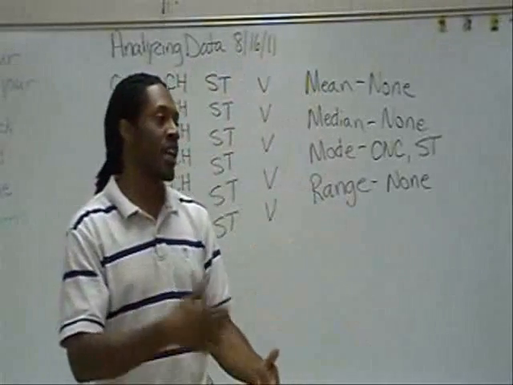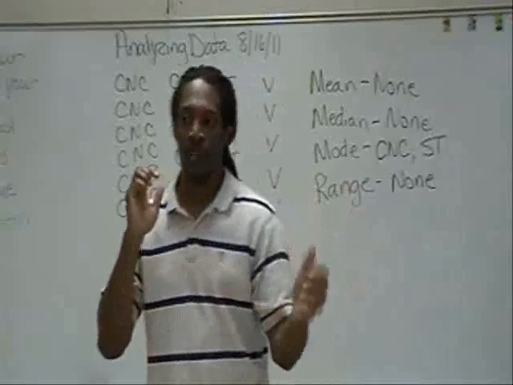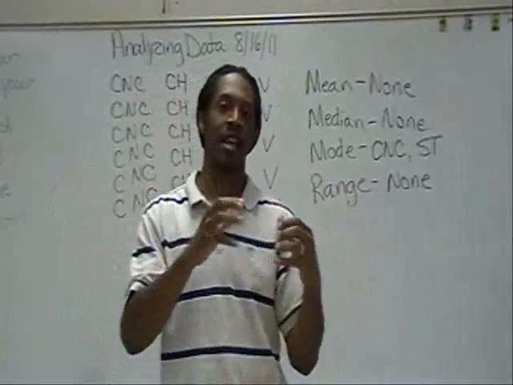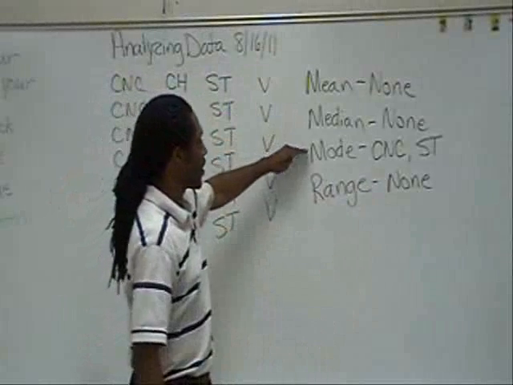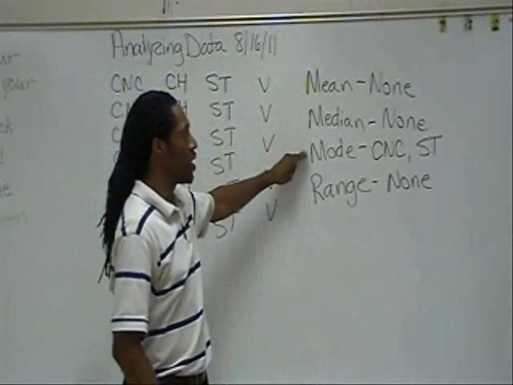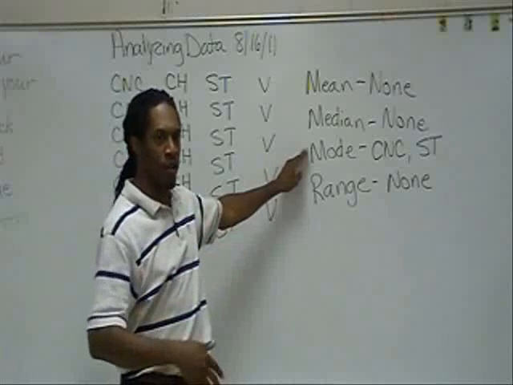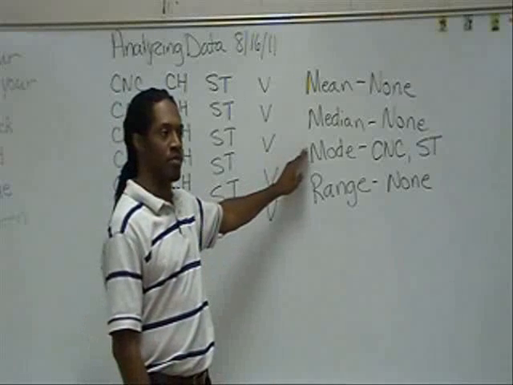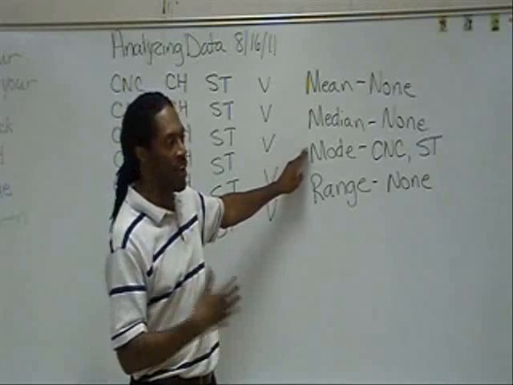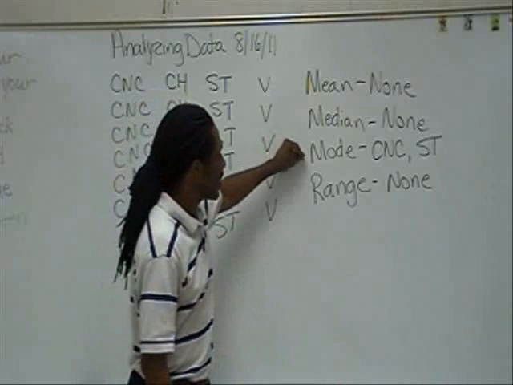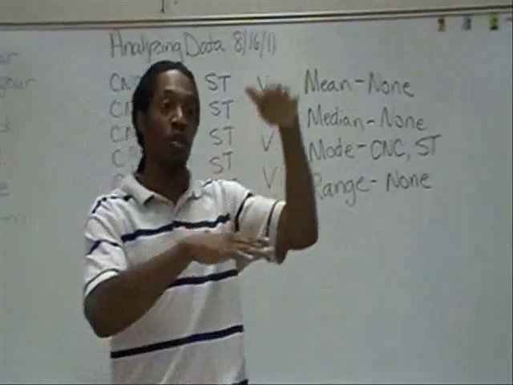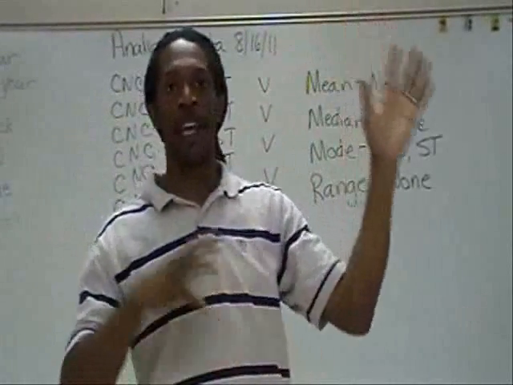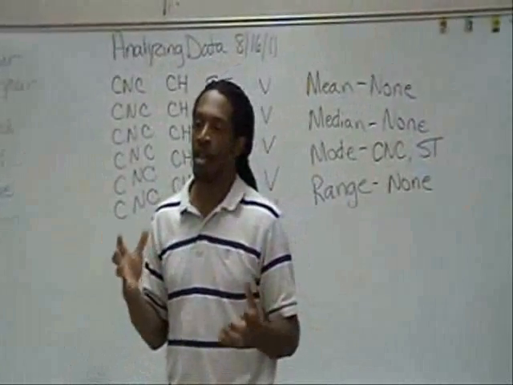They give surveys, ask people what's your favorite music artist, and they put it all together, and whoever comes up the most gets the award for favorite rap artist or favorite pop artist, because the mode in that information was whoever that artist was. So that is where the interpretation comes in.